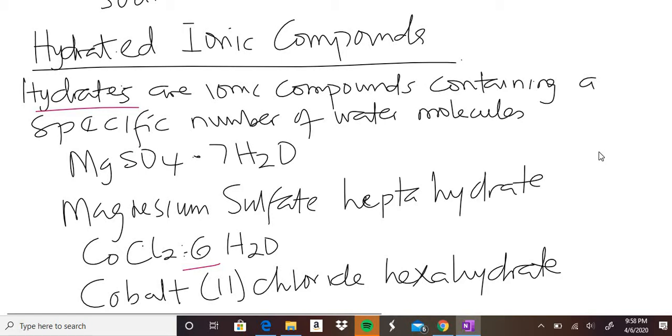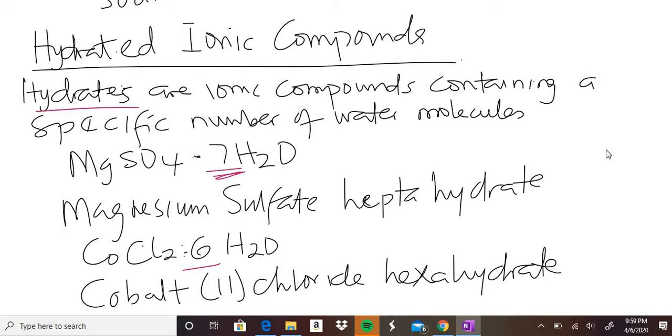Hydrated ionic compound. Hydrates are ionic compounds containing a specific number of water molecules. For example, we have MgSO4·7H2O. It means that this compound has 7 water molecules.